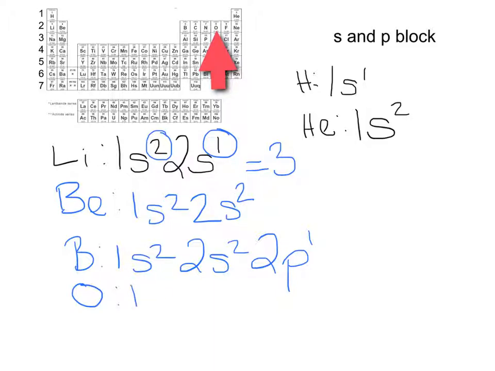So 1s2, 2s2, 2p4. And again, all of my electrons should add up: 4, 5, 6, 7, 8. Bingo! Rock star. Alright, so that's S and P block.